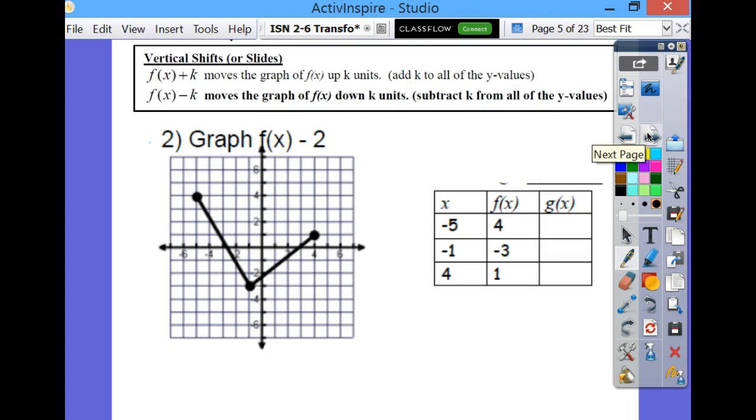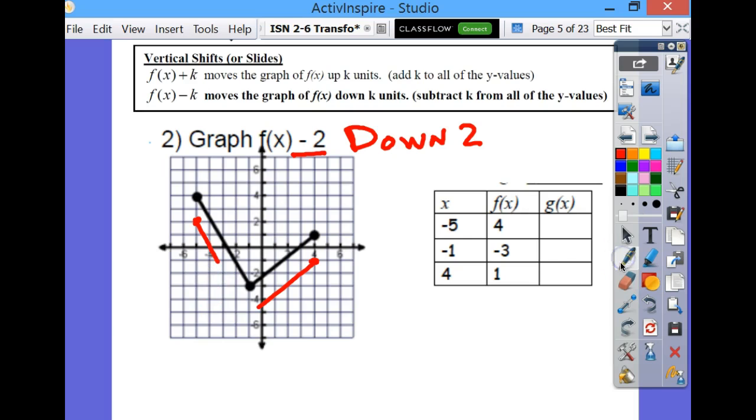This one right here. What is that -2 down there on the end of this f of x? What's that going to do? How far? And so this point is going to go down to, this point is going to go down to, this point is going to go down to, and this is going to be my new graph. I can just count on the graph. I didn't draw it very straight there.